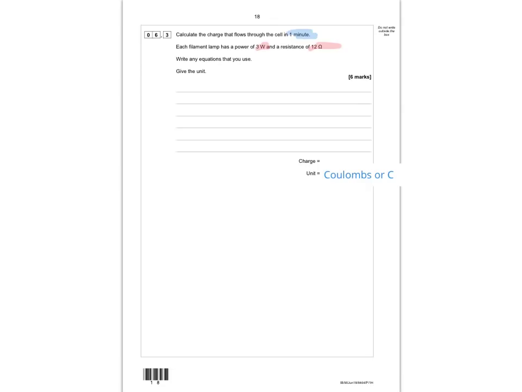We just need equations that link those together. I've written the two equations that I'm going to use, which are P equals I squared times R and Q equals I times T. The first thing I can do is find my current using P equals I squared times R. Then I'm going to use Q equals I times T to find my charge.